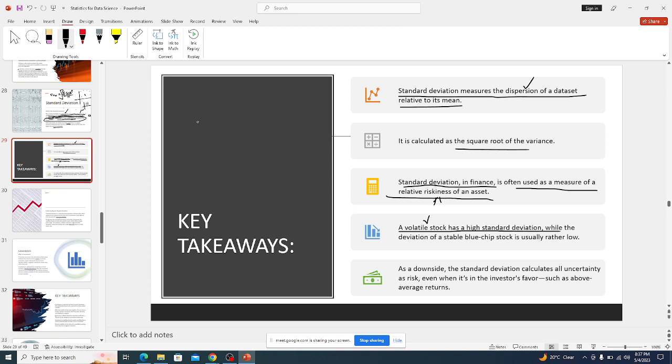At the same time, it depends on your risk appetite. If you are a risk averse person, then you will go for diversification, meaning you fear risk, you fear to take risk.